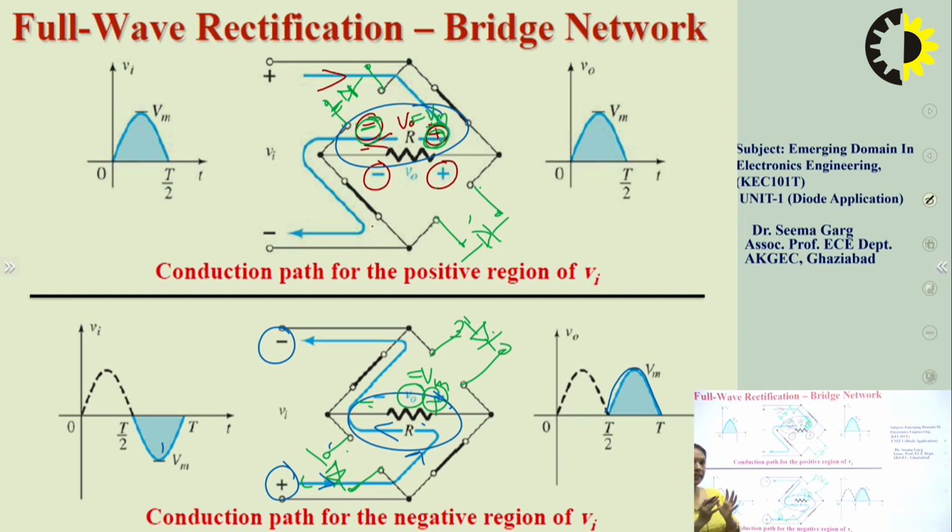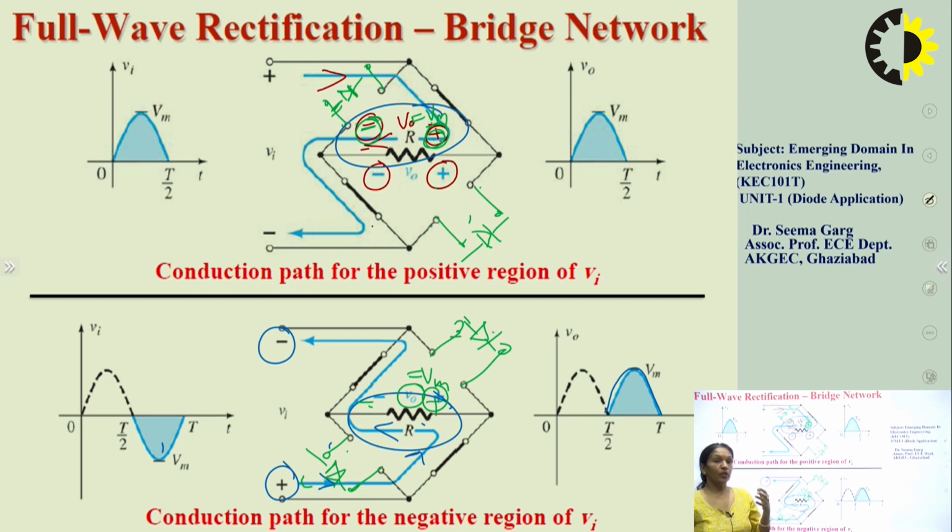So here you can see the difference, which one is better. Of course, the bridge rectifier is better because in every half cycle, the diode is facing only the maximum reverse voltage, that is Vm, whereas in the center tap rectifier, it was 2 Vm. Reverse voltage may cause breakdown of the diode, because peak inverse voltage is the maximum reverse voltage that a diode can withstand before breakdown takes place.